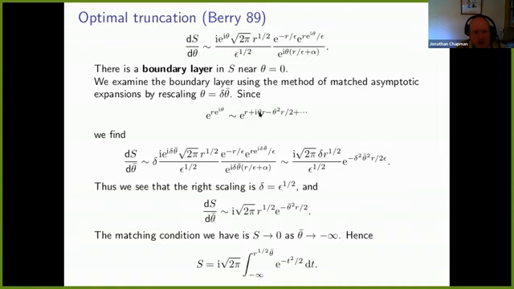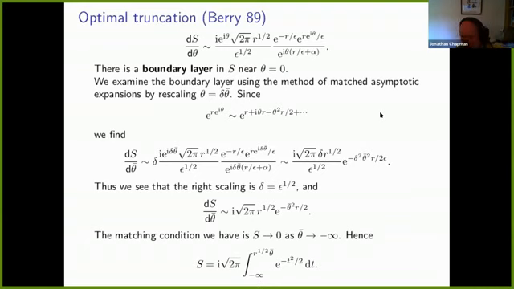I'm going to get an e to the i theta r over epsilon, which is going to cancel with this term here. And so the term that's going to be left is this e to the minus theta squared r over 2 epsilon. So when you substitute this change of variable for theta into the equation, you get ds by d theta bar is equal to this thing here.